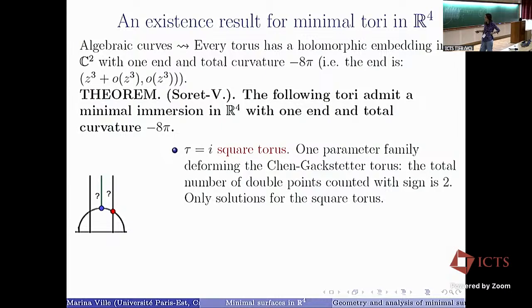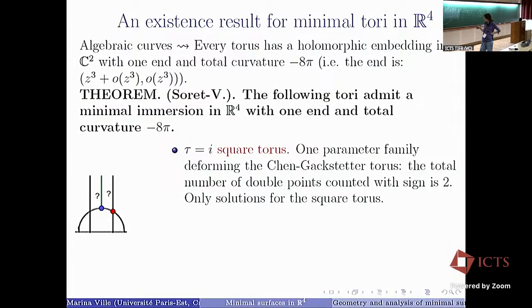On the square torus, this is the only case where we look for minimal tori with one end and total curvature minus 8 pi, and we have a complete answer. We desingularize Schoen-Gaxteter, and it's in dimension 4. We don't have a codimension 1 singularity, but we still have double points.